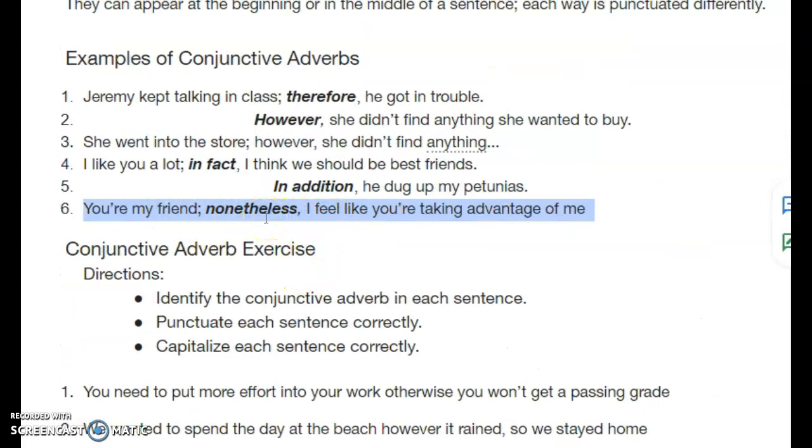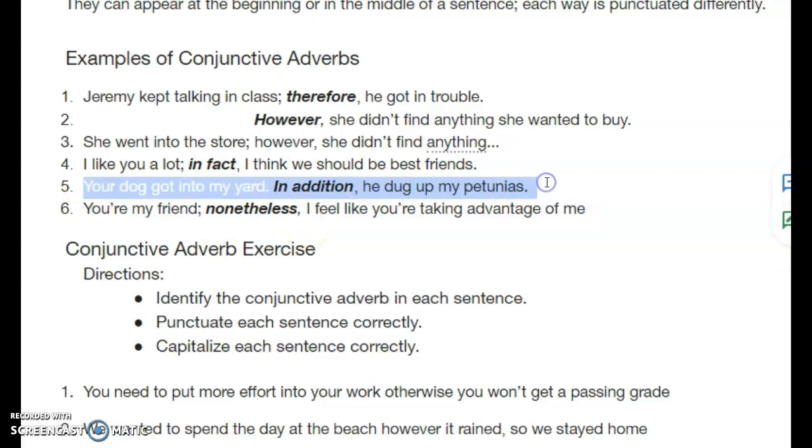Now, when I say punctuate and capitalize correctly, that's because if you are keeping it all one sentence, you need that semicolon, conjunctive adverb, comma. But if you're going to turn it into 2 sentences, which is fine, you're going to need a period and then a capital letter at the start of your conjunctive adverb and a comma after the conjunctive adverb.